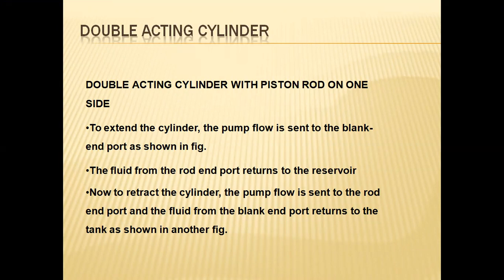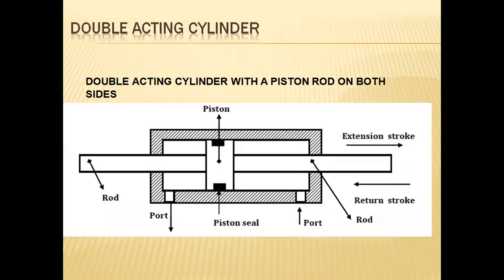The fluid from the rod end port returns to the reservoir. We have also seen that the return fluid is drained towards the oil reservoir, and hence the retraction stroke takes place.